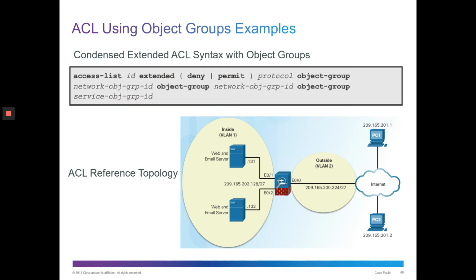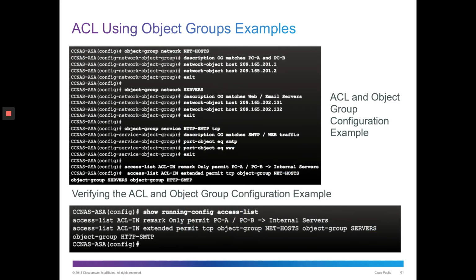In this object group, you will have a number of hosts or maybe a range of hosts, and all these settings will be applied to those. Here's the example: you have host A and B, which you call net host, and then you have something called server host, and over here you're specifying the settings for net host or server host.